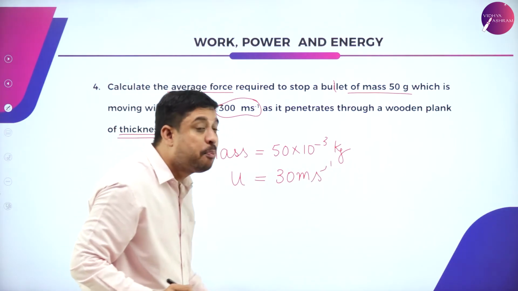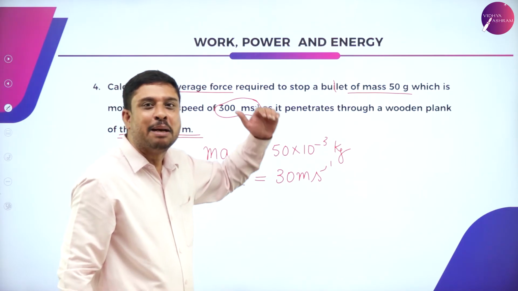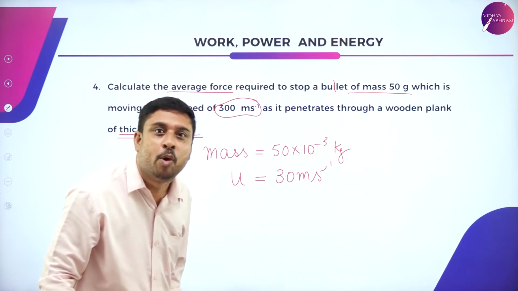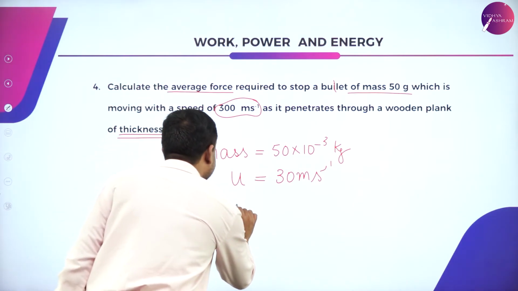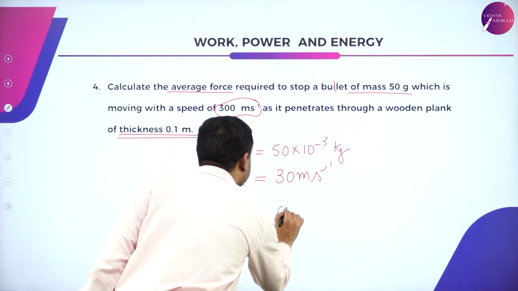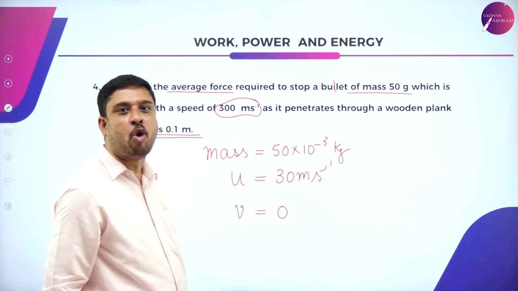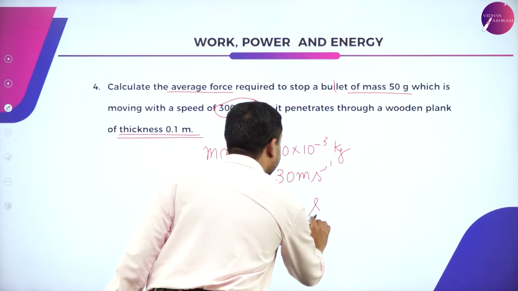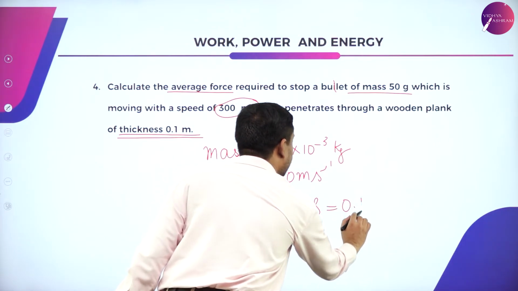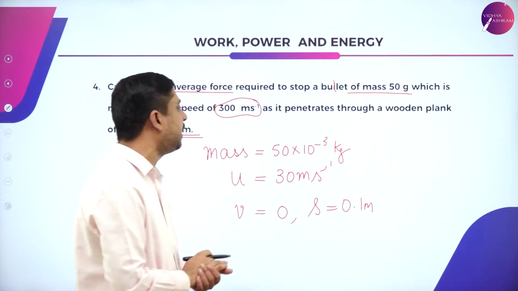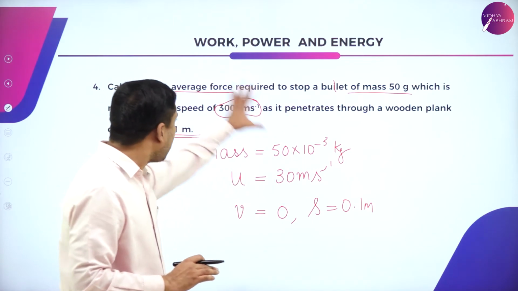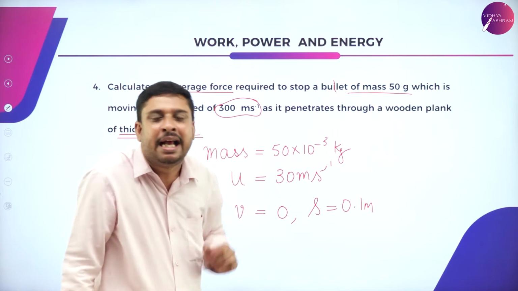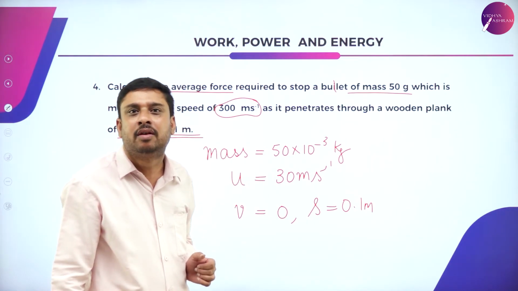You are stopping the bullet, the bullet is brought to rest, which means the final velocity of the bullet is 0. And the distance it penetrates is 0.1 meter. With all these things given, what is the sample that I am coming across?